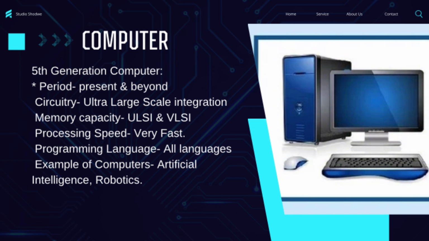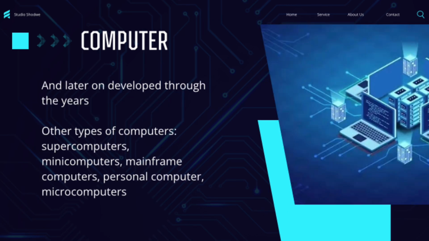It has a technology of ultra large scale integration, memory capacity of ULSI and VLSI, very fast processing speed, all programming languages, and the examples of these computers are artificial intelligence and robotics. As we observe throughout the years, computers have developed very fine technologies that can help and guide us through our daily lives.